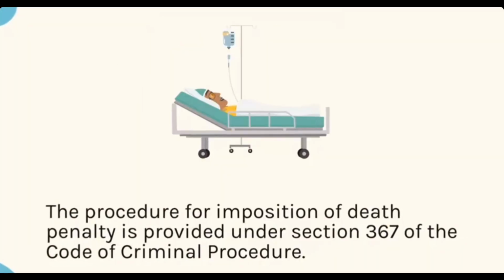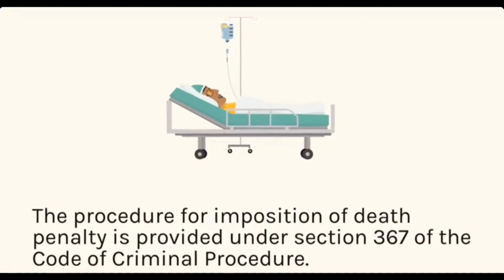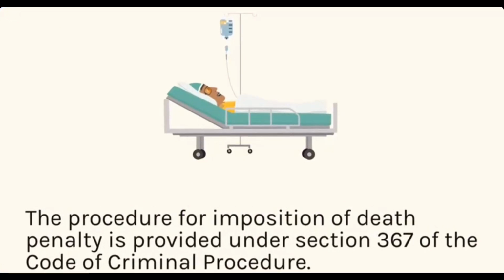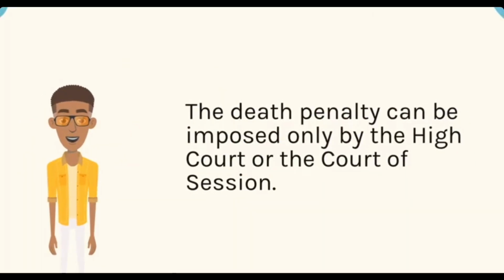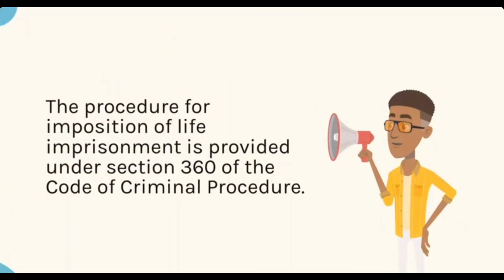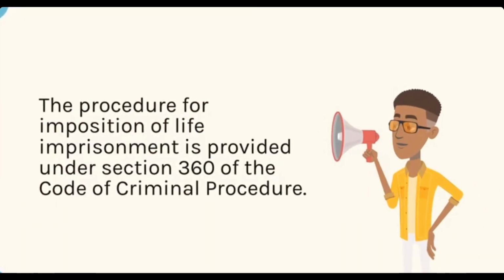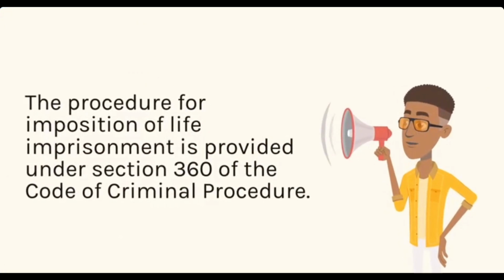The procedure for imposition of death penalty is provided under Section 367 of the Code of Criminal Procedure. The death penalty can be imposed only by the High Court or the Court of Session. The procedure for imposition of life imprisonment is provided under Section 360 of the Code of Criminal Procedure.